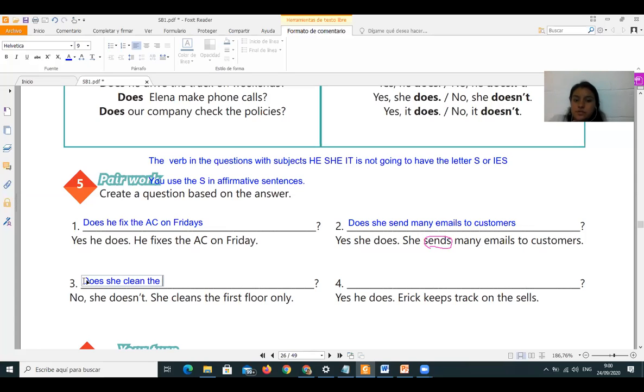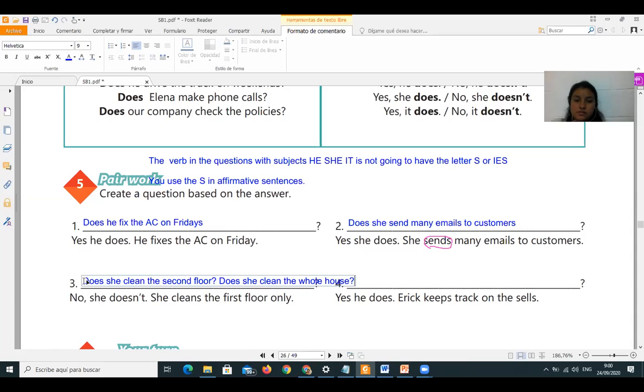How do you say sótano? All floors, basement. So maybe we can say something like, does she clean the second floor? We have many options, right? Another option, does she clean the whole house? Toda la casa? The whole house.